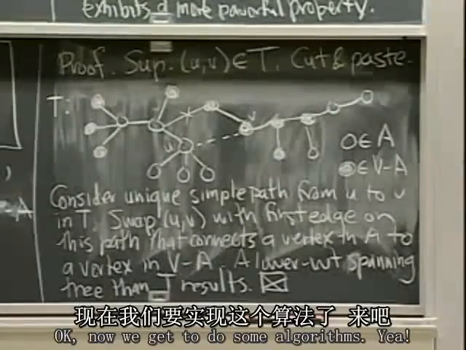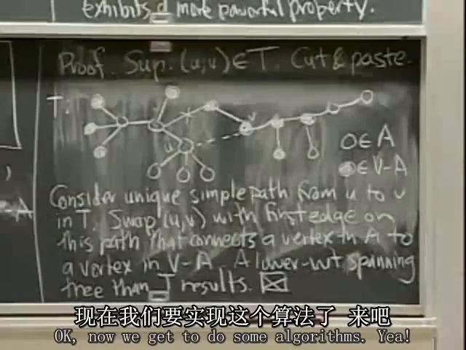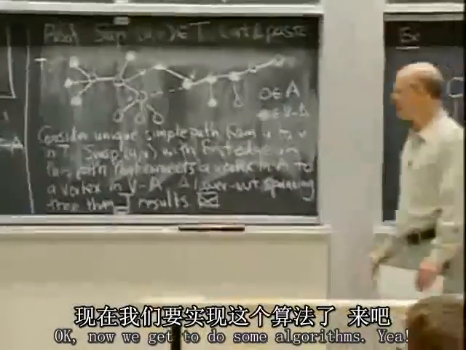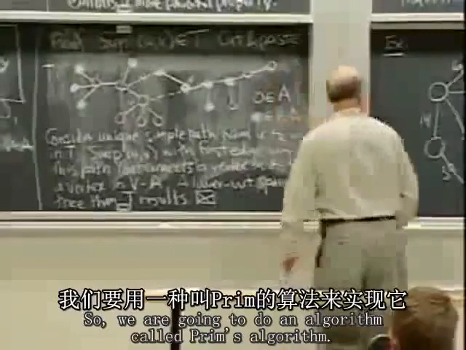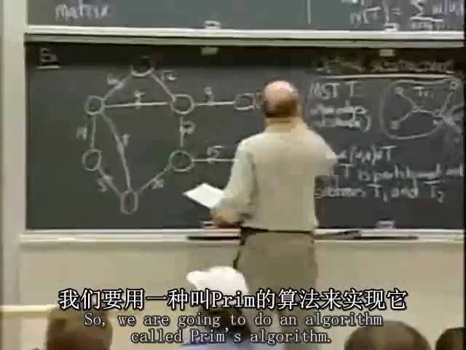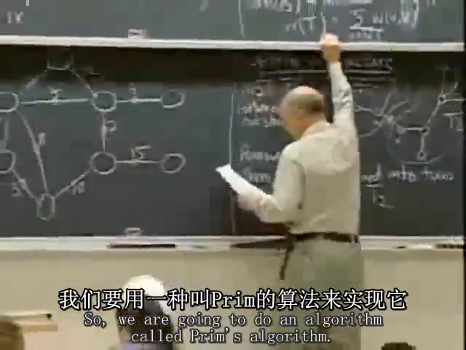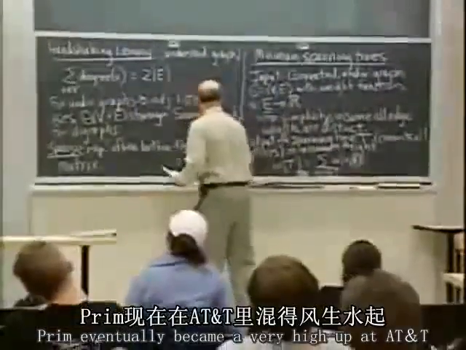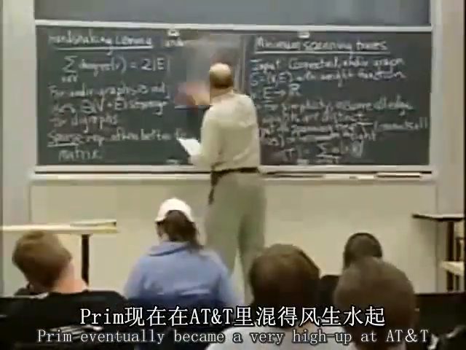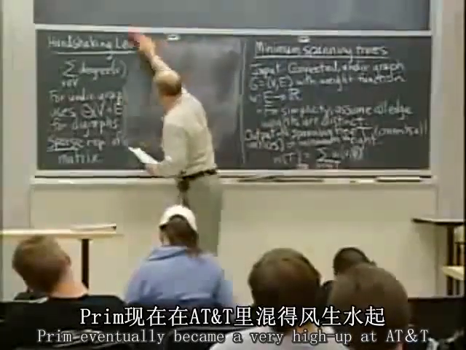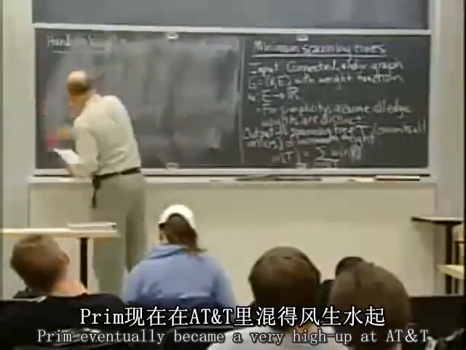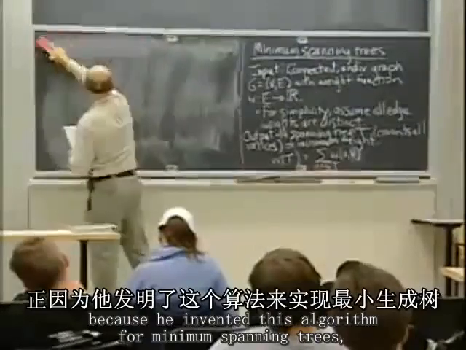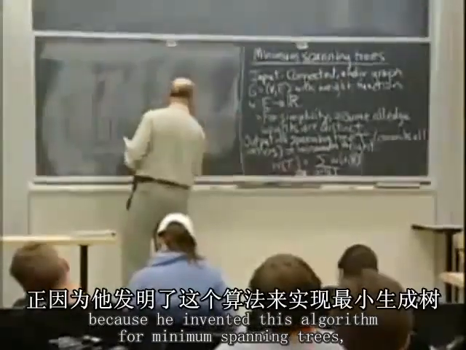Now we get to do some algorithms. Yay. So we're going to do an algorithm called Prim's algorithm. Prim eventually became very high up at AT&T because he invented this algorithm for minimum spanning trees.